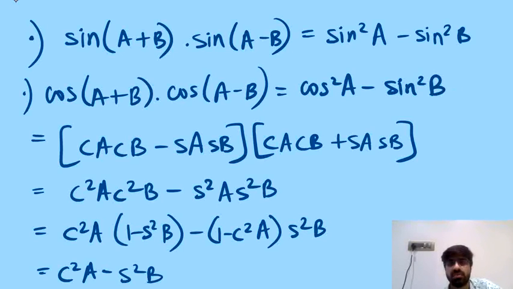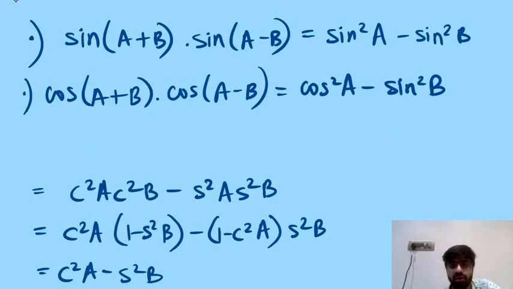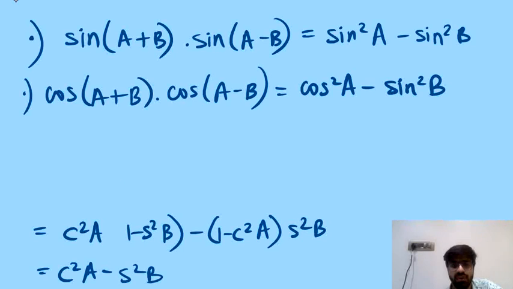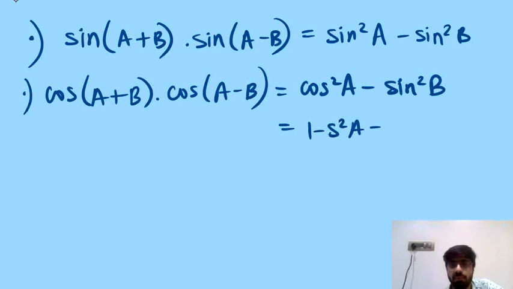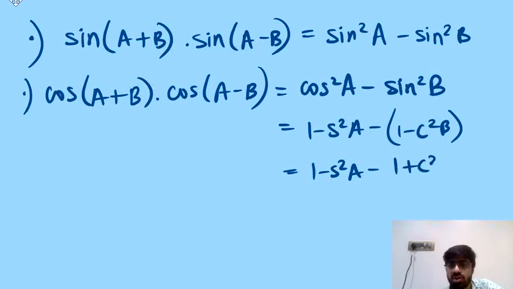Now there's a little more simplification you can bring in this expression. That is, why write cos square a? We can also write sine square a if we want. And why write sine square b? We can also write cos square b. So if we write cos square a as 1 minus sine square a, and write this as 1 minus cos square b, you will have 1 minus sine square a minus 1 plus cos square b.